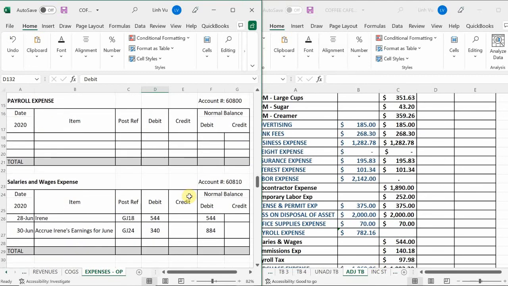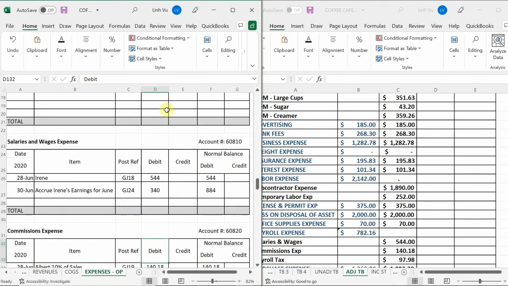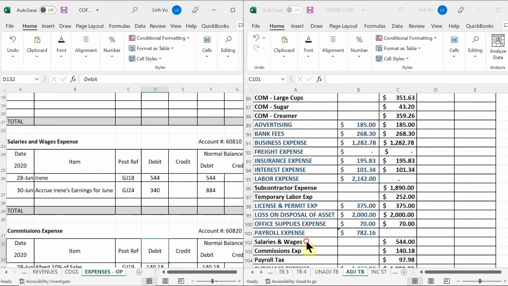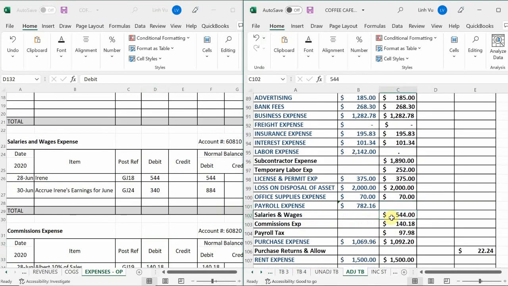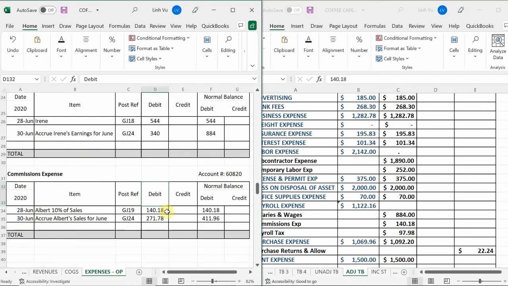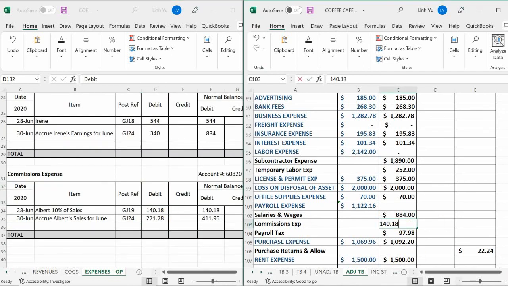Payroll expense, right? I've increased my salaries and wages expense. It is now $884. And my commissions expense is now $411.96.